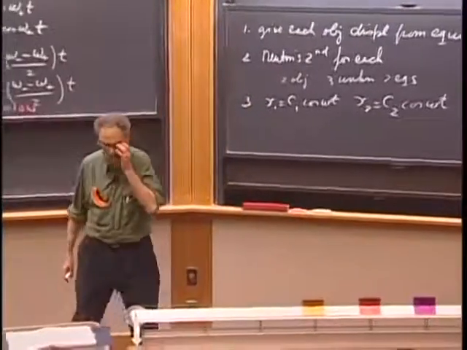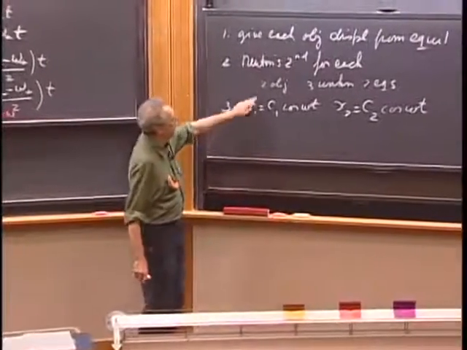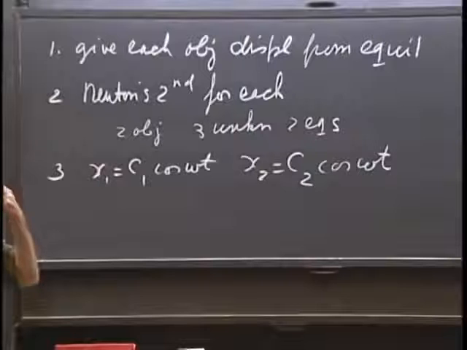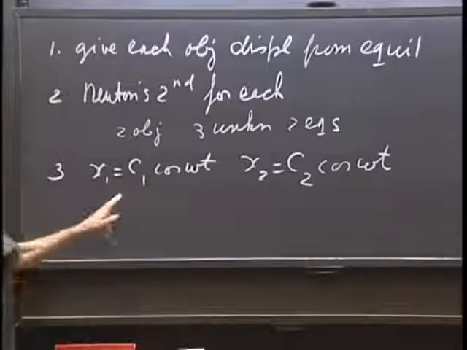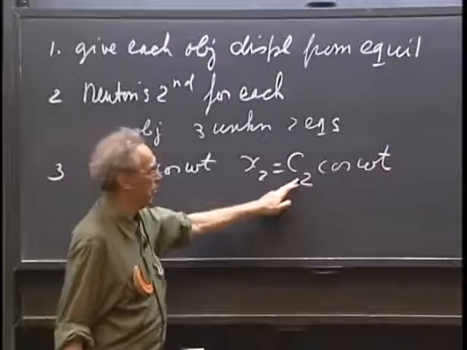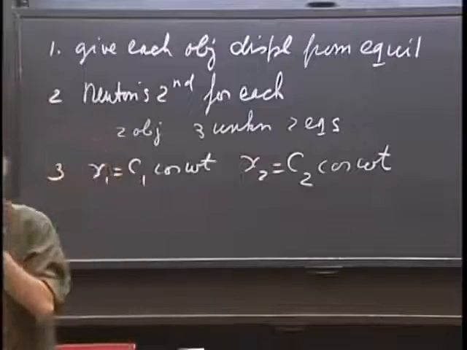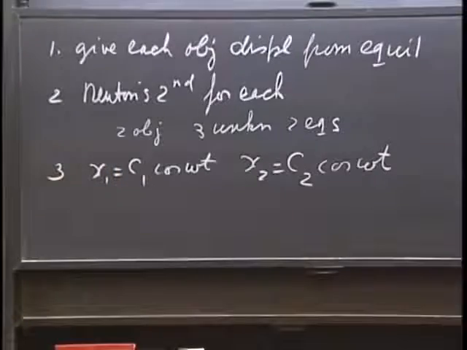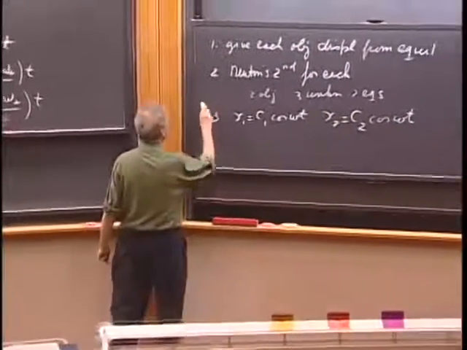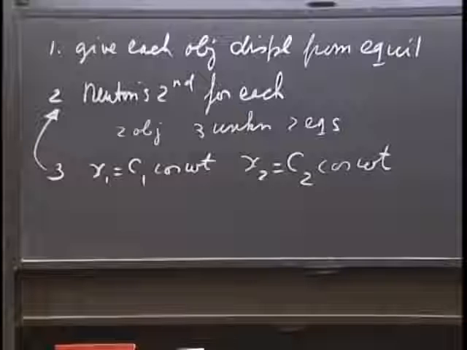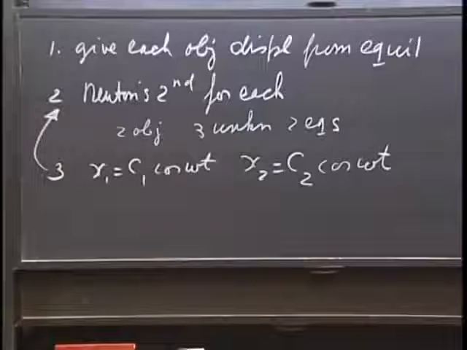And so you see immediately that if you substitute this in Newton's second law, you get 2 equations and 3 unknowns. C1 is unknown, C2 is unknown, and omega is unknown. So you substitute this in here, and then comes the problem. How are you going to deal with 2 equations with 3 unknowns?